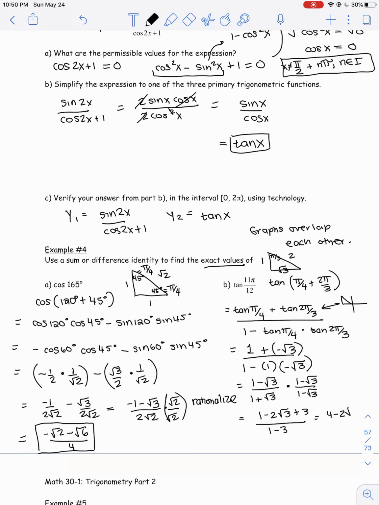So that will give us 4 subtract 2 square root of 3 over negative 2. Now we can divide both of those terms by negative 2, which gives us negative 2 plus square root of 3 as our final answer. So this would be our final answer to represent tan.